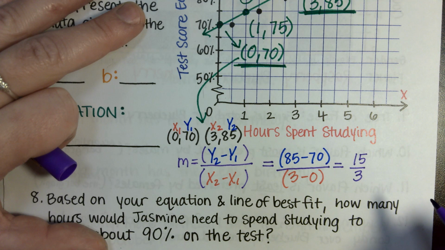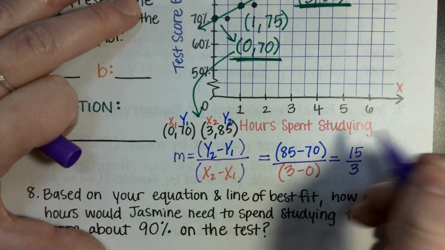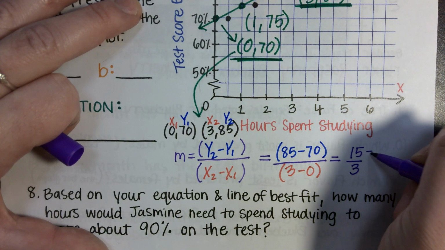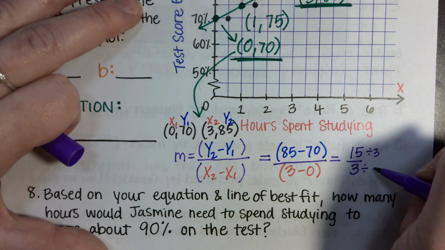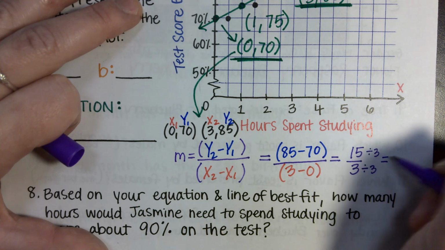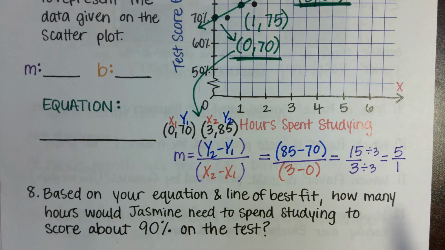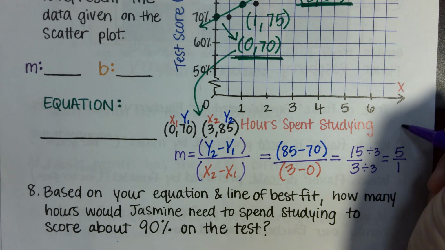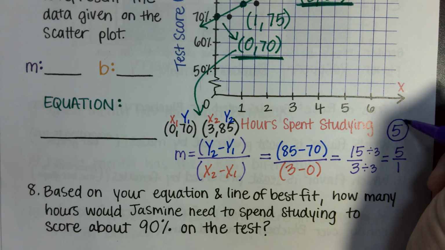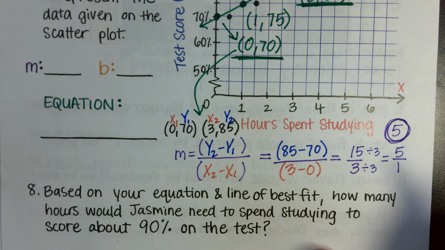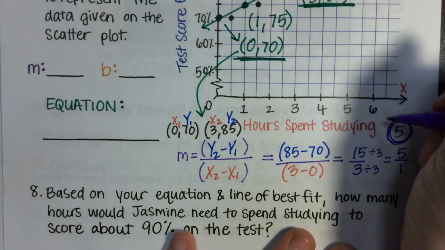We sure can, guys. If I divide both of them by 3, 5 over 1, which whenever we're solving for b, if we needed to, I would just keep it as 5. So there's less mistakes that are possible to be made with fractions. Our slope is 5.